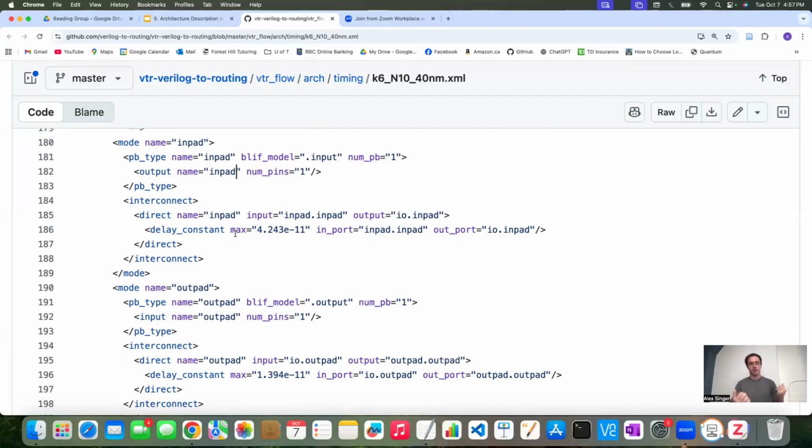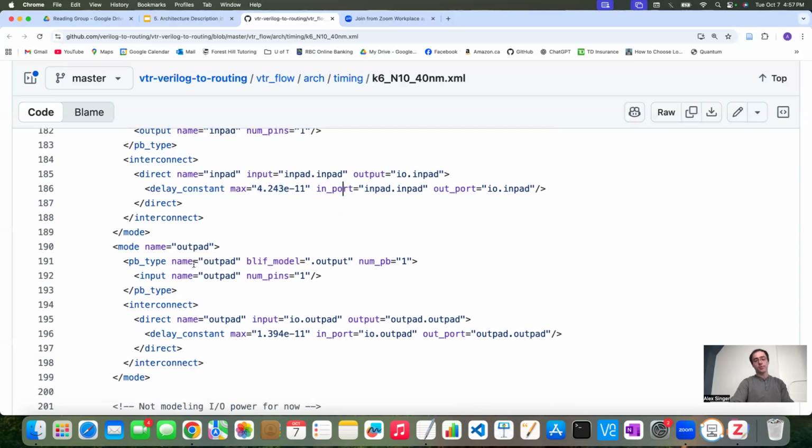That's all we're saying right here. And if it is an input, it will have a primitive called input, which is great. And this is the interconnect, basically saying connect the input to the InPad. And then we have some delay information, which again, I am avoiding for this type of talk.